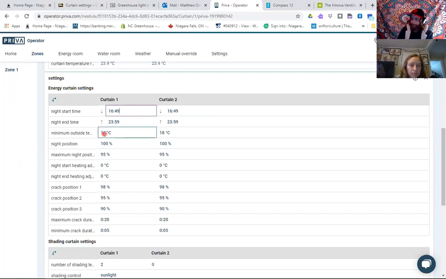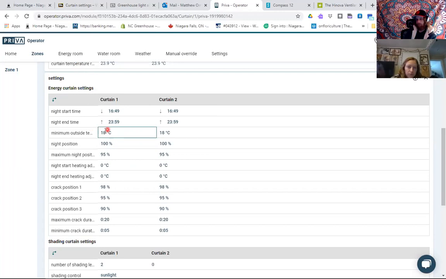Minimum outside temperature is set for 18 degrees. So anything under 18 degrees, the curtains will cover at night. You might want to set this a little lower. If this was set at 18 and your heating set points were set at 18, then the curtains would close regardless of the temperature at night.